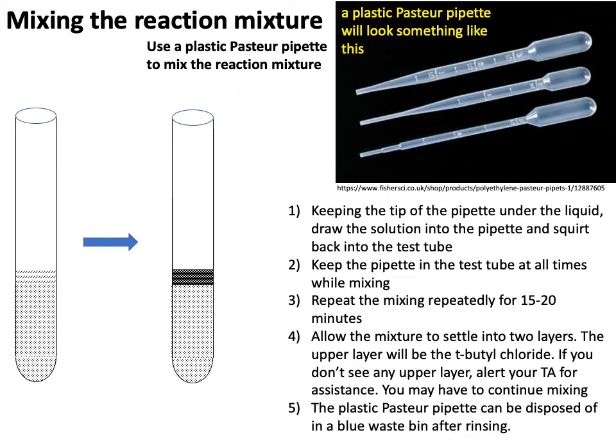After mixing with the pipettes, the reaction happens, and the tertiary butyl chloride is obtained on top of the liquid phase. So we need to remove the liquid phase from the test tube.